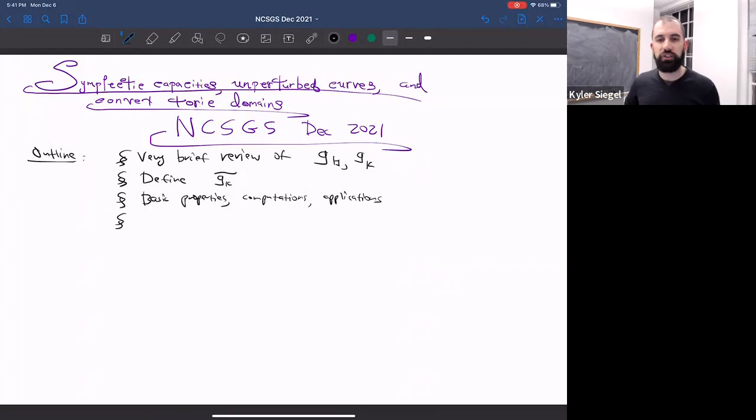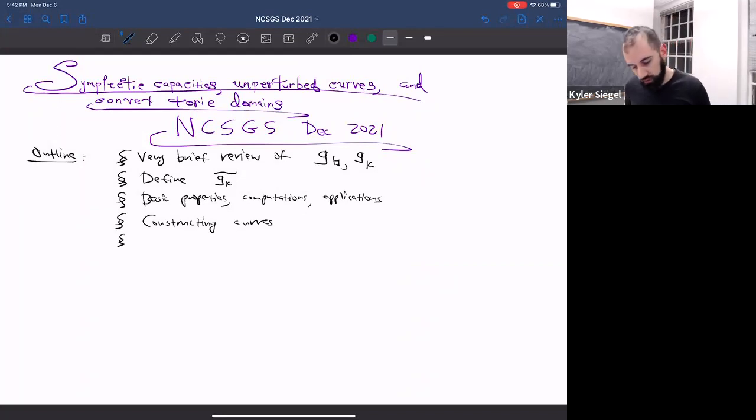And then I'll try to say a little bit about the main computation. I would say that maybe the most interesting part of the computation is the construction of some curves. So I'll try to explain at least how we construct the curves, and maybe there are other perspectives also on how to see those curves.